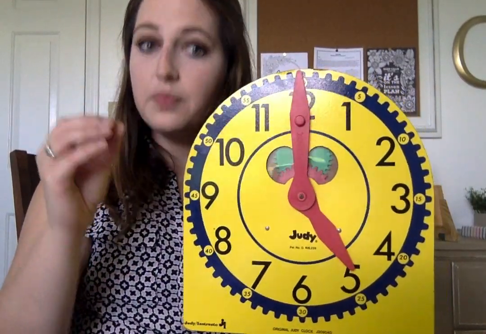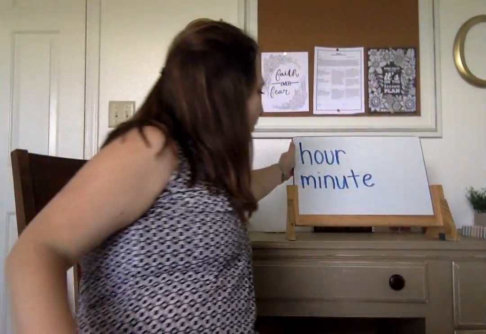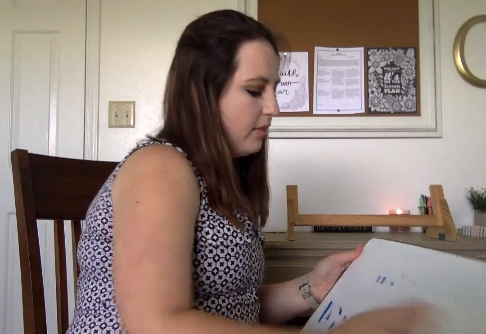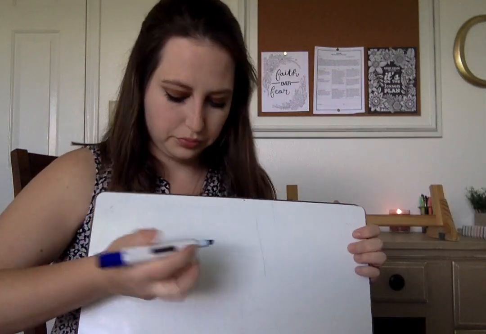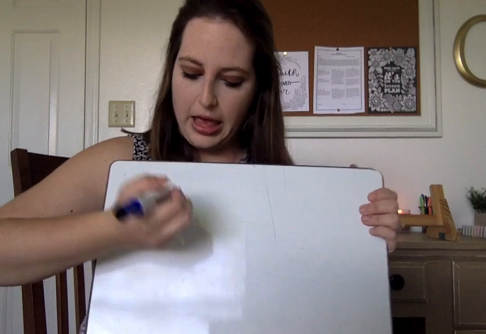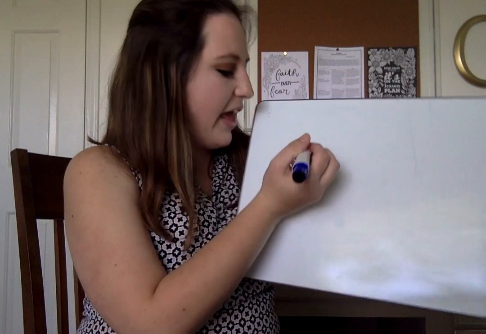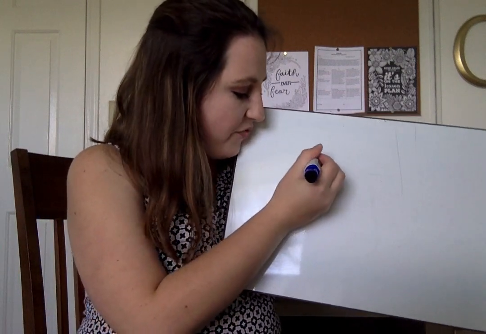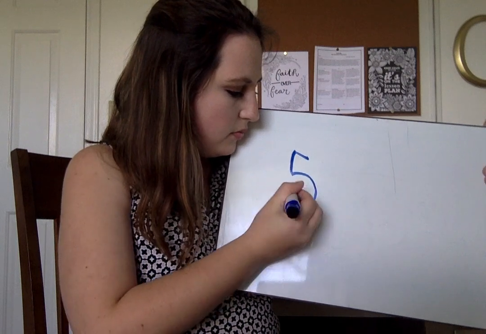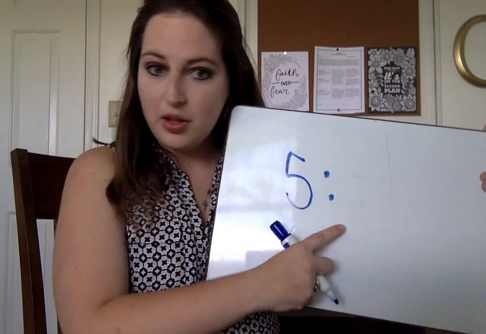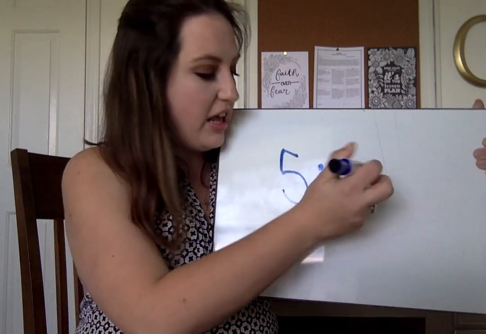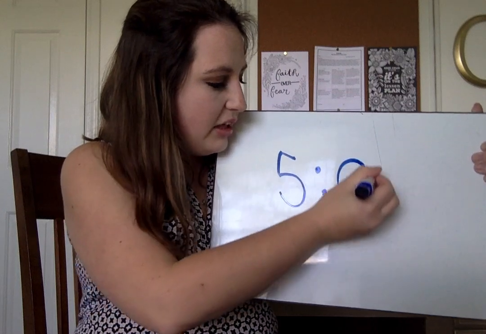It's 0, 0. Let me grab my board. Now, like I said, when we tell the time, we start with our hour first. So looking at my analog clock, I'm going to start with my hour. I said it was 5, and then our colon, very important, you don't want to forget it, and then o'clock, 0, 0.